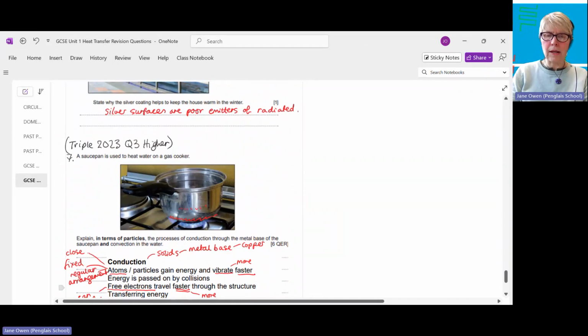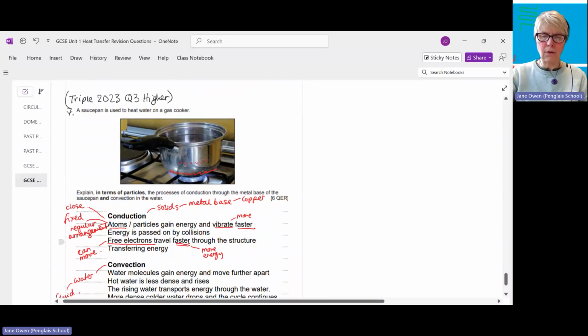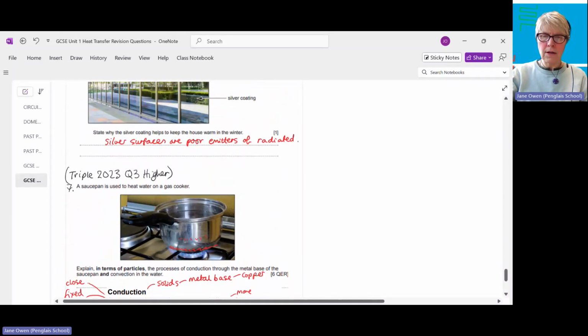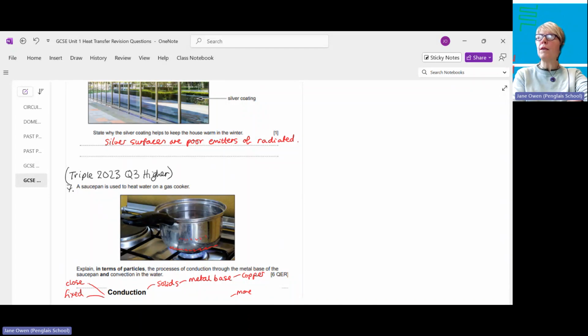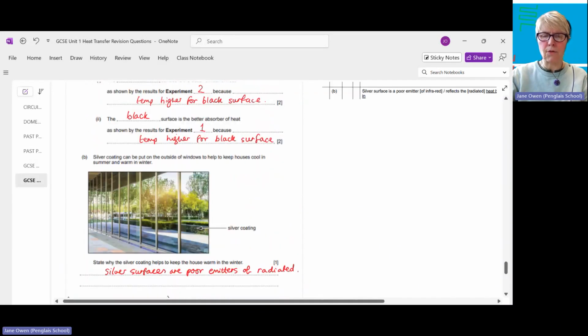Okay, I seem to be quite short on this revision session compared to the waves one, but we've looked at the triple. But you can see that whether you are triple or whether you are double, all of these questions apply. And even if you're foundation or higher, it's just ever so slightly a different approach.